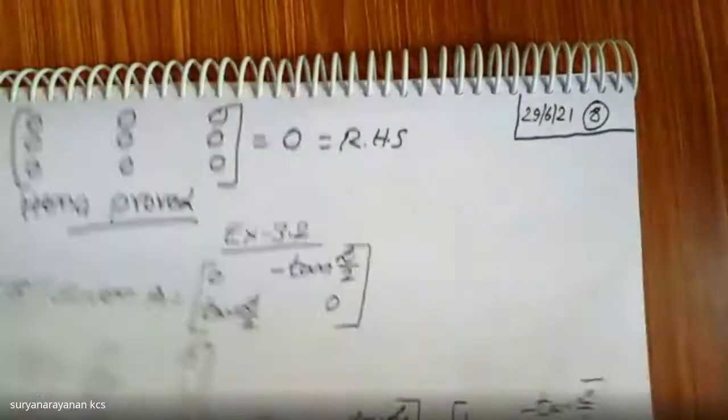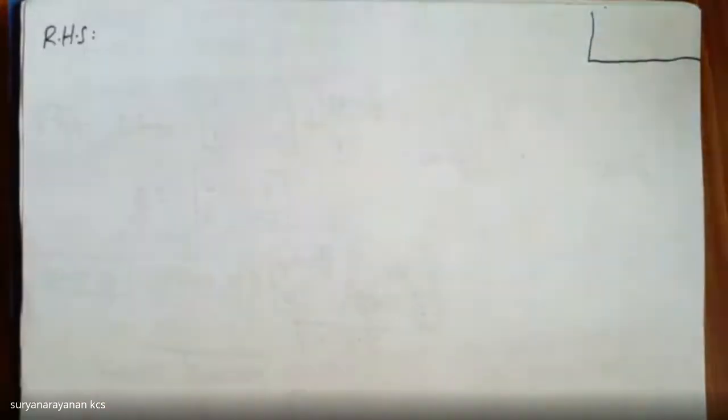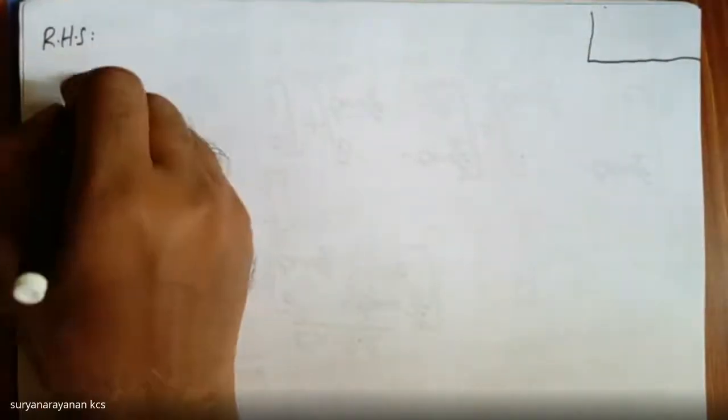Now let us take RHS. In RHS, what is there here? First, every time you should focus on the expression which is given within the brackets. What is given within the brackets? Can you tell me?